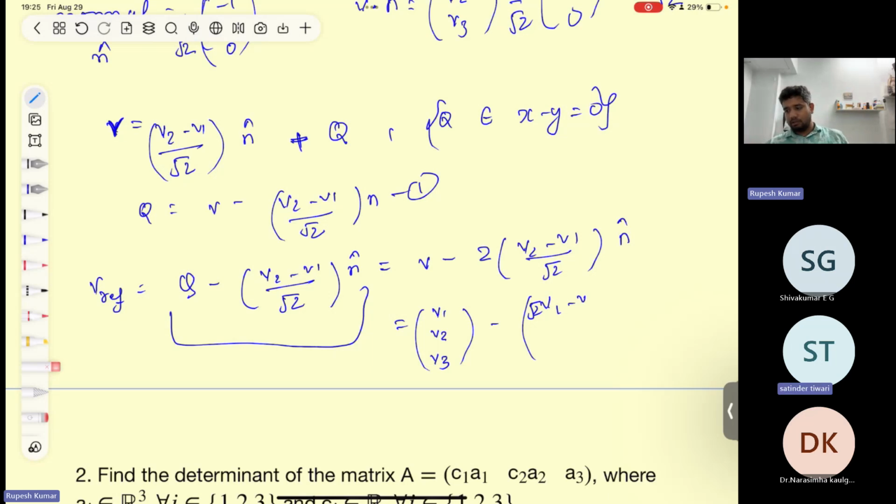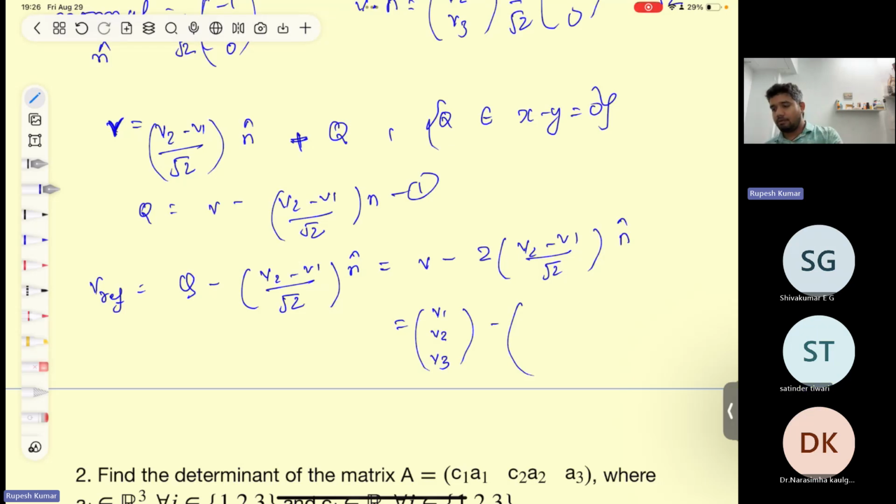Now, do you agree with this? Yes, sir. Fine. I think we have substituted the Q vector value again.